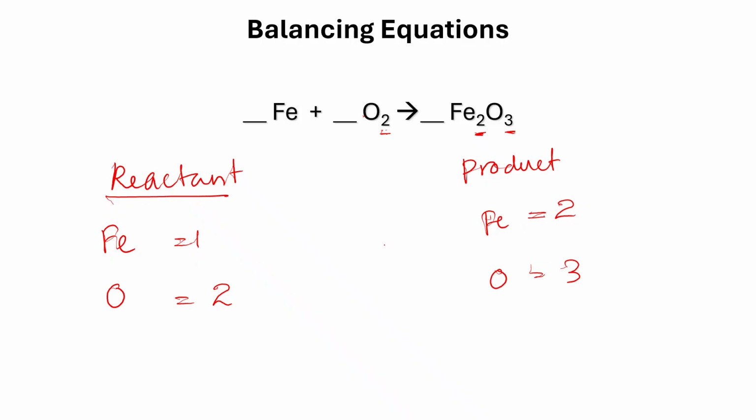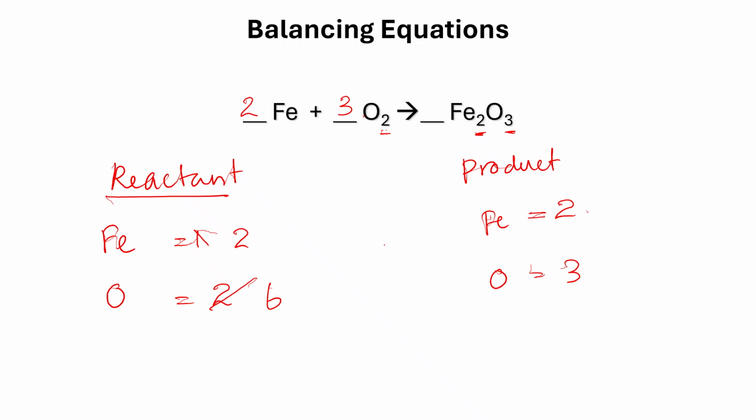Since there are 2 irons in the product side, I will add 2 in front of iron. That makes 2 iron on both sides. Looks like iron is balanced. And there are 3 oxygens in the product side, but 2 oxygens in the reactant side. You can start putting 3 in front of oxygen, but that will make 6 oxygens in the reactant side.